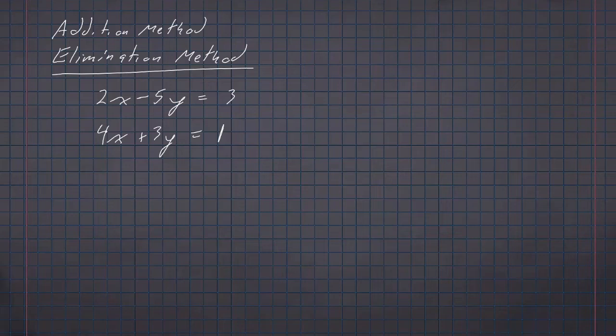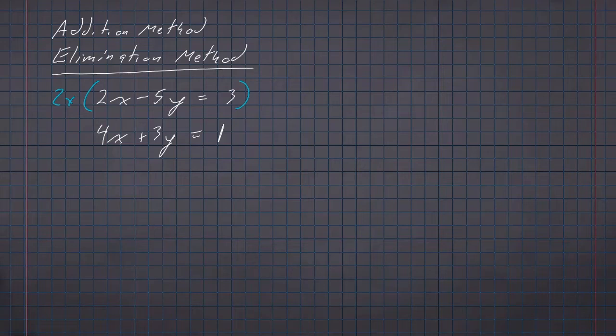What I notice in this particular system is that the coefficients of x are multiples of each other. 2 times 2 is 4. And so because of that, I can use the multiplicative property of equations and take this first equation, multiply the whole thing by 2.